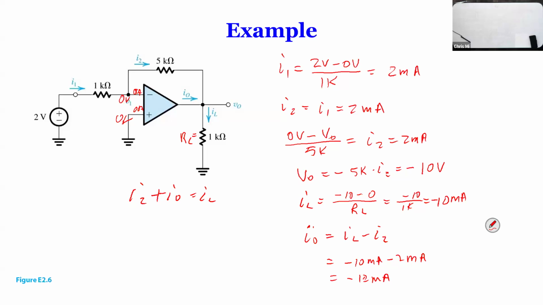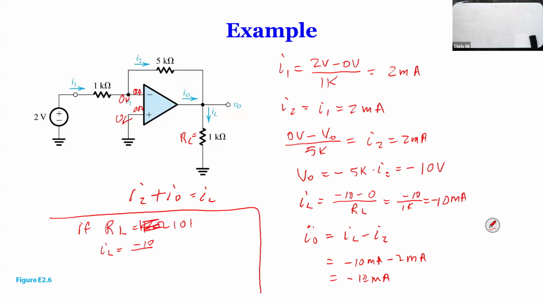Now in the previous example, if we change the resistance to 1K, what happens? If RL is 10K instead, sorry, 10K, which means that IL becomes minus 10 divided by 10K, which gives you minus 1 milliamp, right?